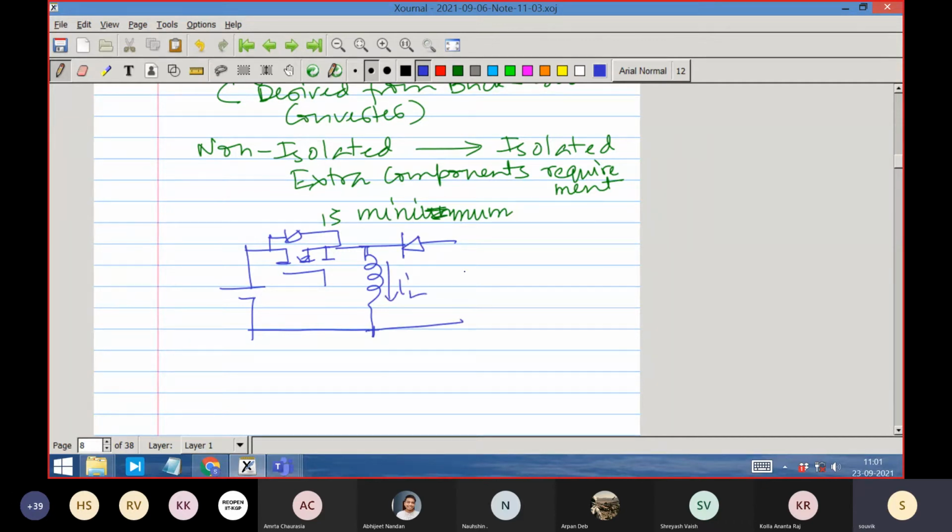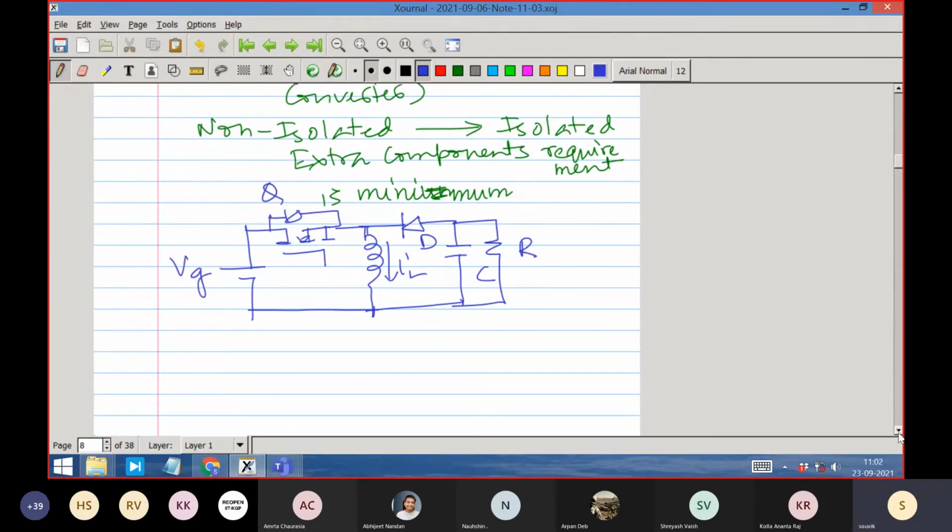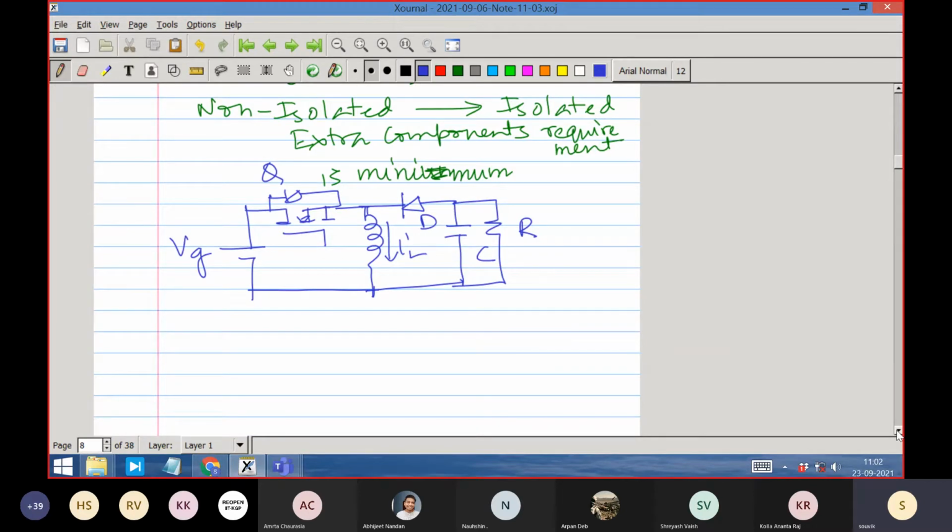Always think what is the direction of the inductor current and choose the diode. R, C, D, Q, VG. This is the topology, and we had seen the volt second balance one more time.